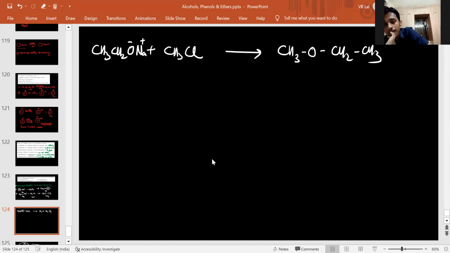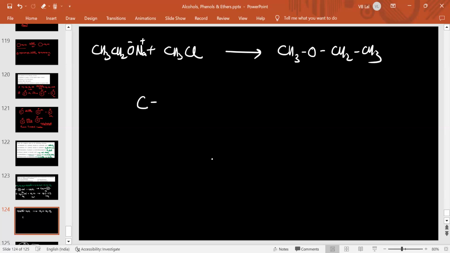See, if a tertiary alkyl group is present, it has tremendous steric hindrance. You look at this compound. Now you see three methyl groups around it: CH3, CH3, CH3.